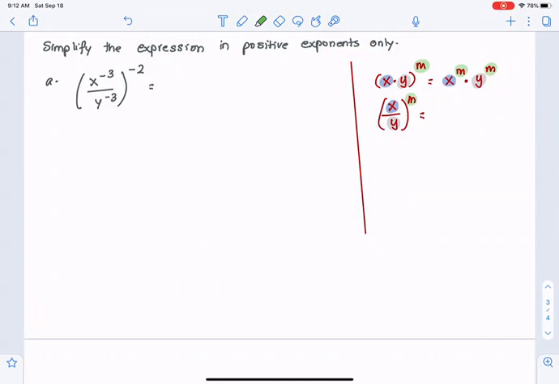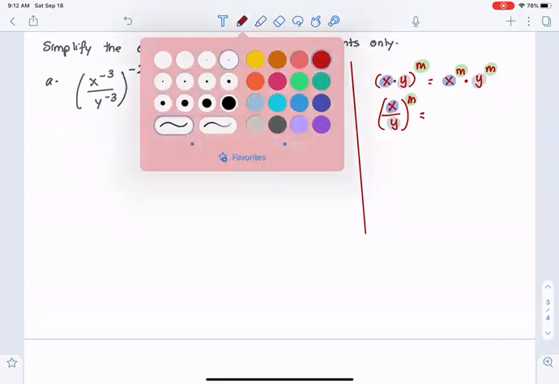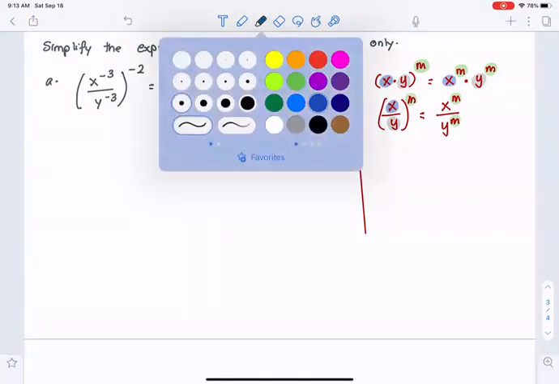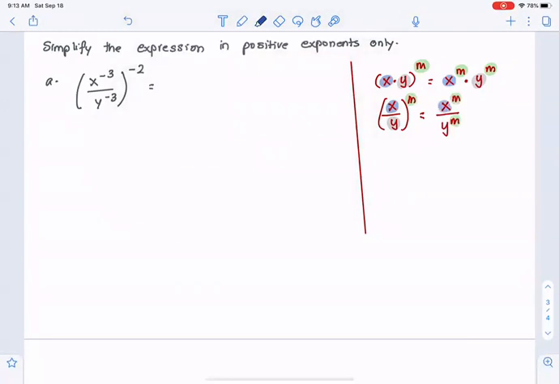So I could apply m to the numerator and m to the denominator. So I took the identical power and distributed it to the numerator as well as the denominator, recognizing the fact that the numerator base is different from the denominator base. Okay, this is something that we need.